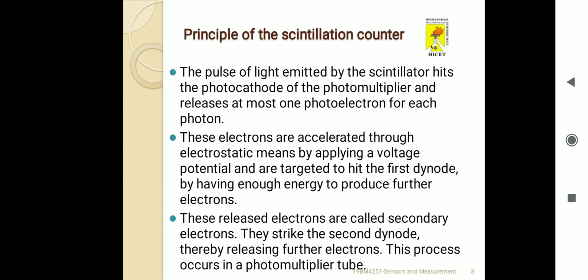After that, these released electrons, called secondary electrons, will strike the secondary dynode, thereby releasing further electrons. This process is called multiplication of electrons, and it occurs in the photomultiplier tube.